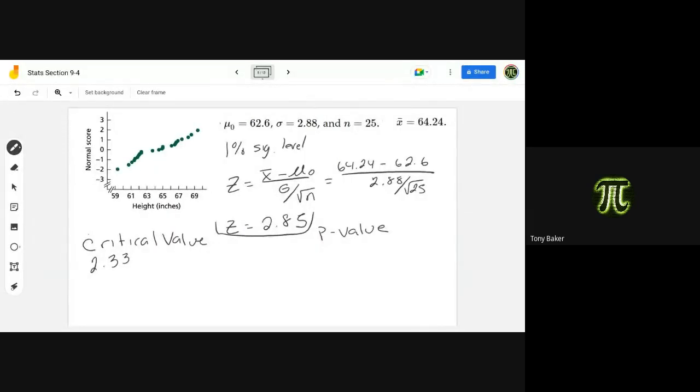So 2.85 is greater than the 2.33. So it's inside that. So 2.33 is right there. We're over in here. So we reject.